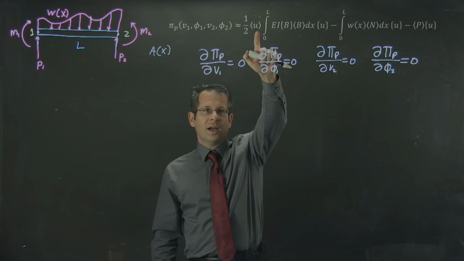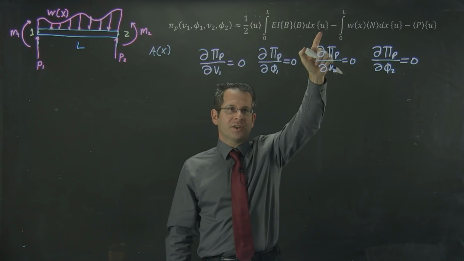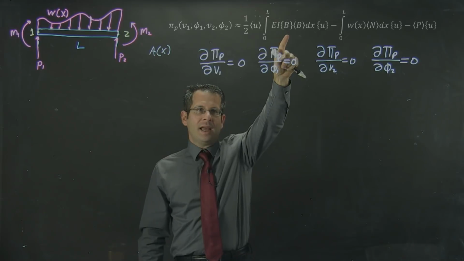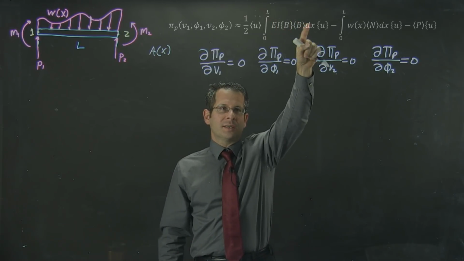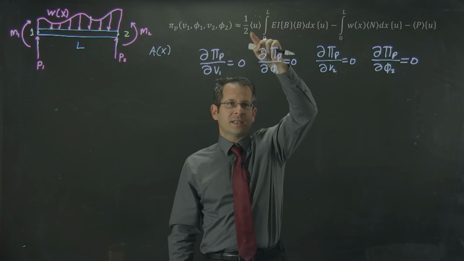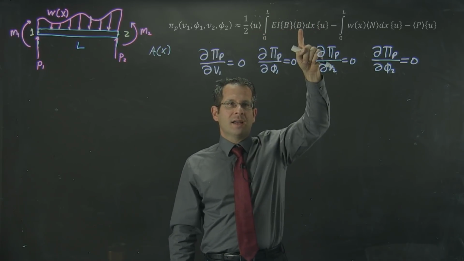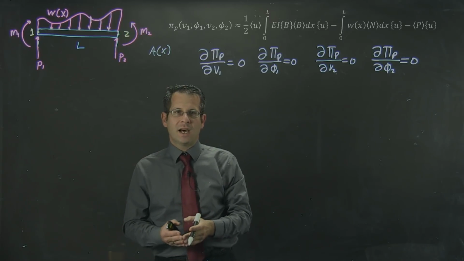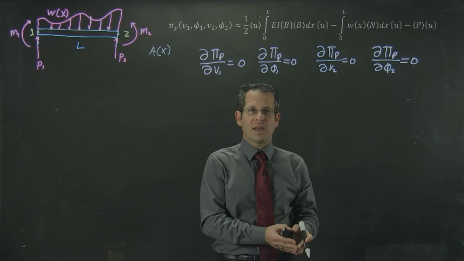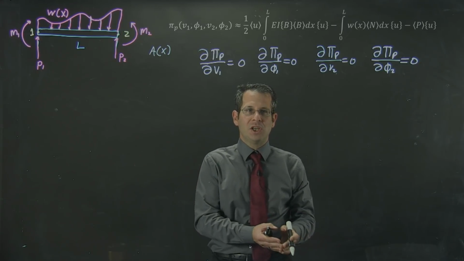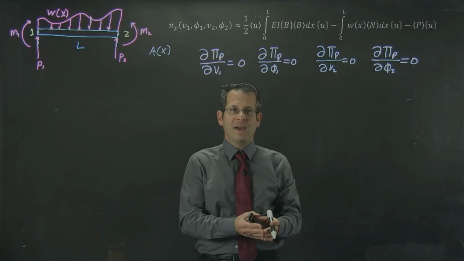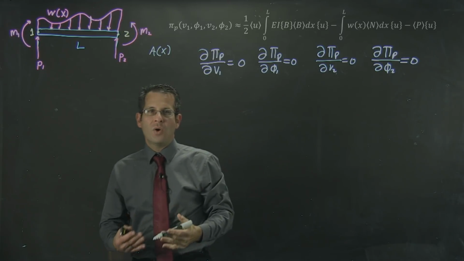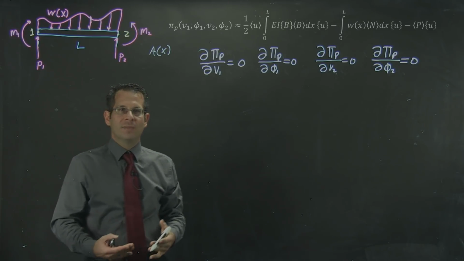Here I have a vector u and the vector u. You can think of this as a row vector u times, in terms of the displacements, a matrix of constants, times the column vector of u. This is essentially the same thing as a constant times u squared if I was going to differentiate with respect to u. u is my displacement vector. Notice that v1, phi1, v2, and phi2 are the components of my displacement vector.